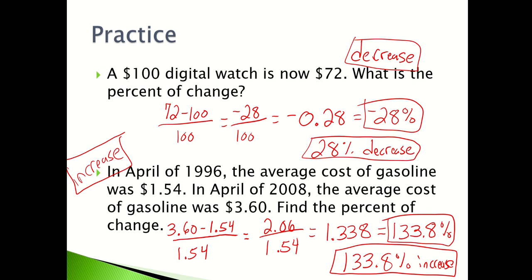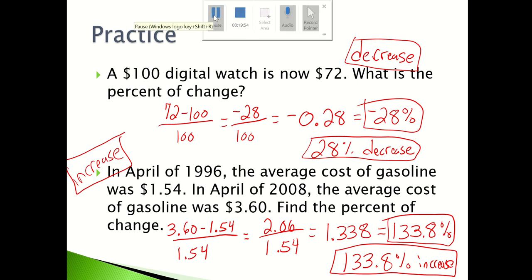But something can increase by more than 100%, right? So if you had $1 and you earned $2 more, now you have 3, right? You increase your net worth by 200%. Okay, so you can increase or decrease. Actually, you can increase by more than 100%. You can't decrease by more than 100% because then you would lose everything.